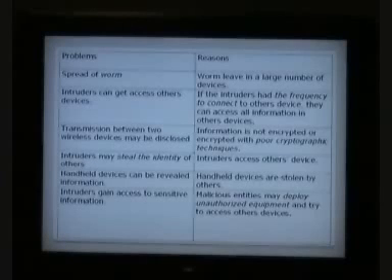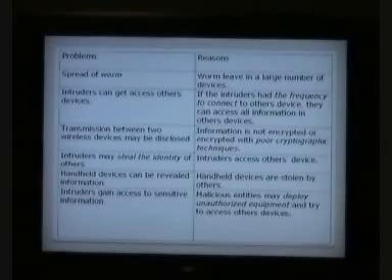If the intruder has the frequencies to connect to other devices, they can access all information in the other device, so that intruders can use their own Bluetooth technologies, monitors and mouse to get access to other devices.